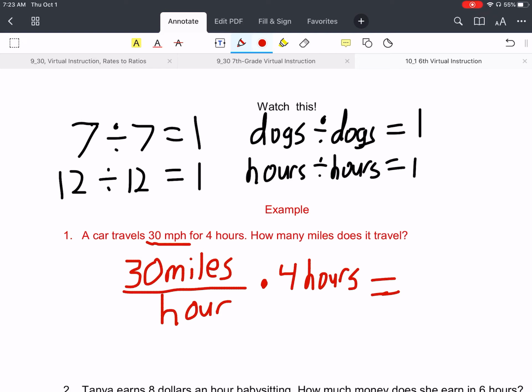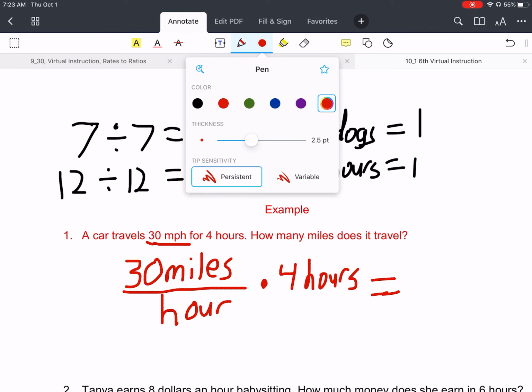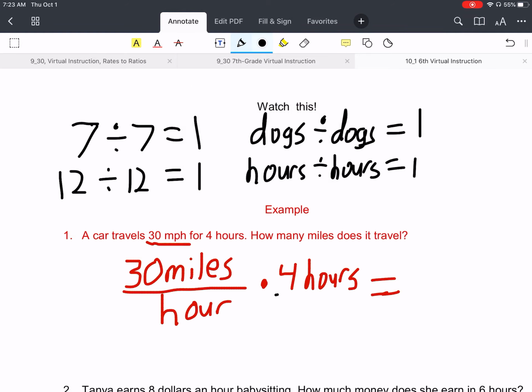So what we want to recognize is that the 30 miles per hour is a fraction. And we're multiplying that by 4 hours. And if it helps, you can think of it as 4 hours over 1. And we can use division to cancel out two things. So there is an hours on top that we can cancel out, and an hours on bottom we can cancel out.